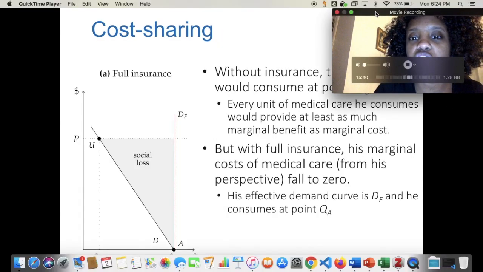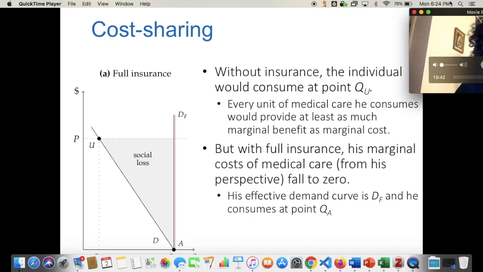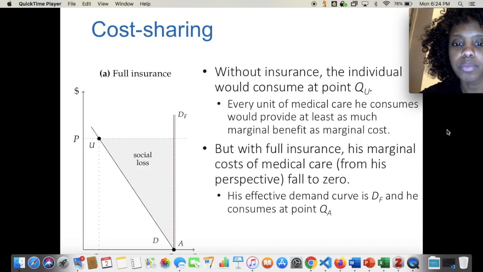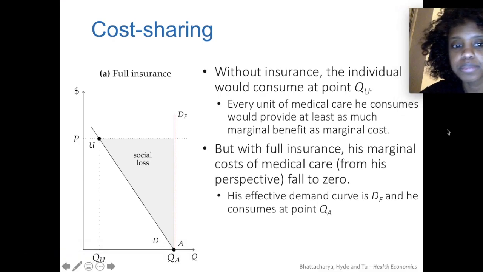So with cost sharing, I'm going to move myself a little bit out of the way. With full insurance, in the graph on the left, you have really no price change. Regardless of the quantity of care that you consume, the price is the same. It's basically just whatever your insurance premium is, so the marginal cost of care falls to zero.